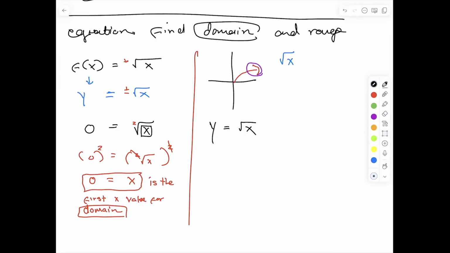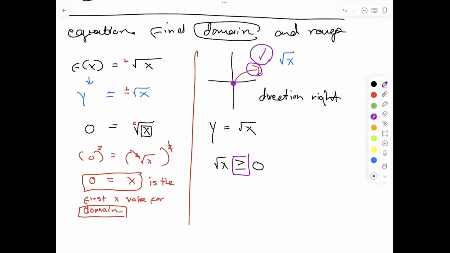But because this has a direction of going to the right, because of the graph, we see the graph. We're going to say square root of x is greater than or equal to 0. Why is that? Because where is this pointing to? To the right. Since it's pointing to the right, that matches the graph. And this is an equal sign because this is a solid point here.